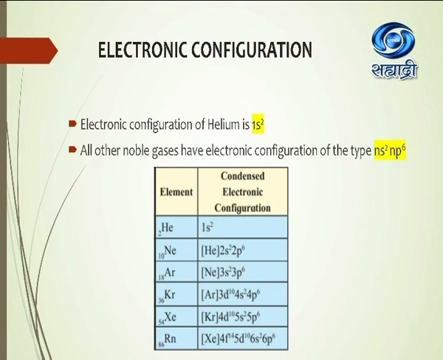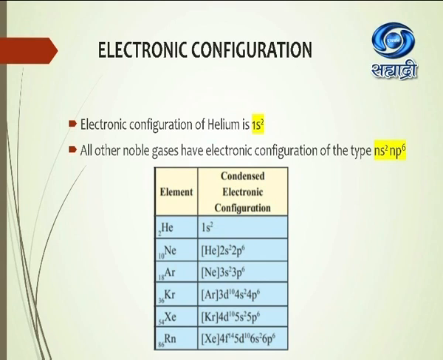S orbital contains 2 electrons. P orbital contains 6 electrons. So in all these atoms, 8 electrons are present in the outermost shell. That means we can say that the octet arrangement is complete in the outermost shell.